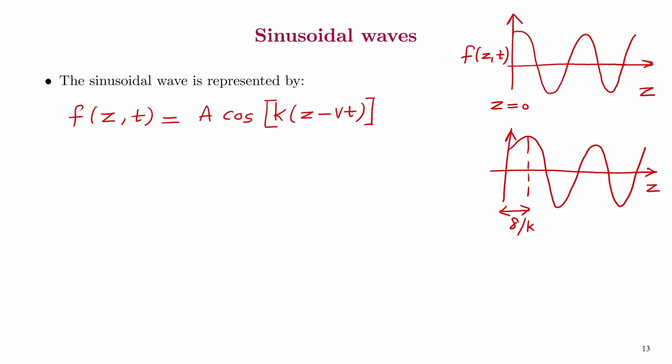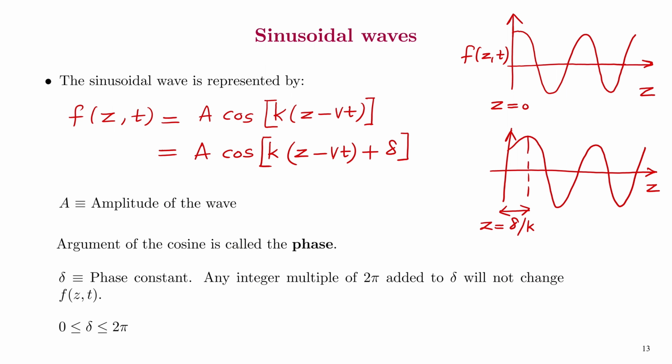In that case, the mathematical function of this wave has to be rewritten as A cos[k(z minus vt) plus delta]. The reason for taking this as delta over k will become evident in a moment.